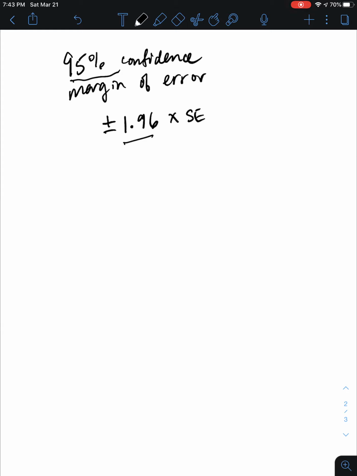All right. So summary: X bar is the point estimator for mu.